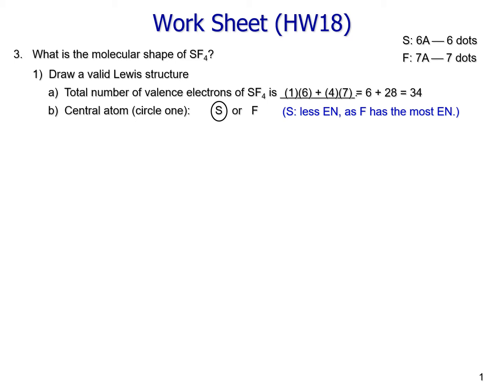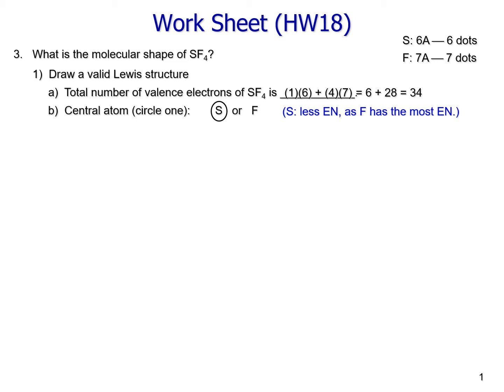Second, if we recall what we have discussed about fluorine being only a terminal or surrounding atom, the reason for that is fluorine requires only 1 bond. So fluorine cannot be the central atom, because a central atom must have at least 2 bonds. Based on these two reasons, we can easily determine it is the sulfur that we have to put in the center.